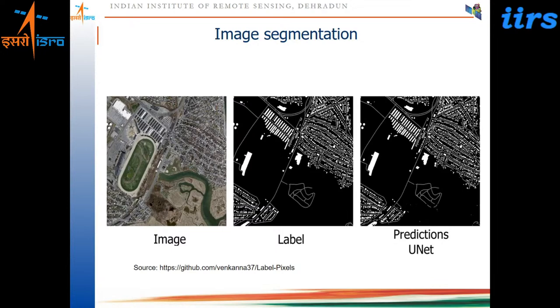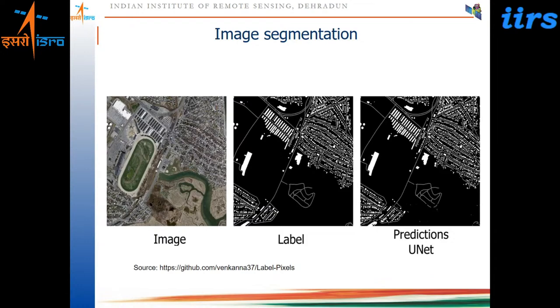Like in this case, you see that there are different built-up areas which have been identified using a CNN model, which is nothing but a modified CNN model working on the transfer learning approach.